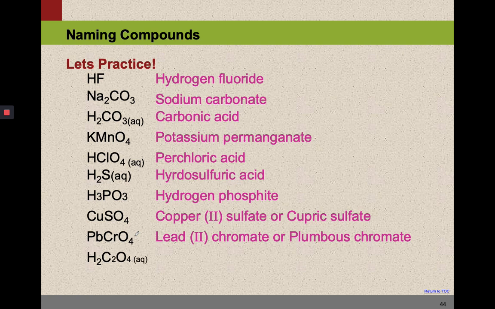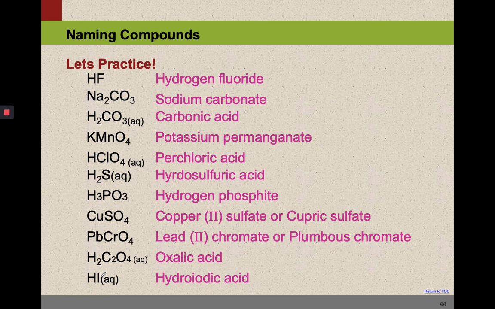And this one, this is the oxalate ion. So you have oxalic acid. And last one, HI aqueous. Same scenario here: binary acid, but it's mixed with water, that is hydroiodic acid.